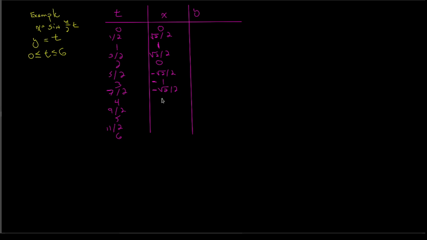So I'll fill in my values as I work my way across here. And just double check, 6 times pi over 2 is 3 pi, and the sine of that is 0. Okay. And then in y, nicely for me, it just regurgitated the t values, so I'll copy those over here.